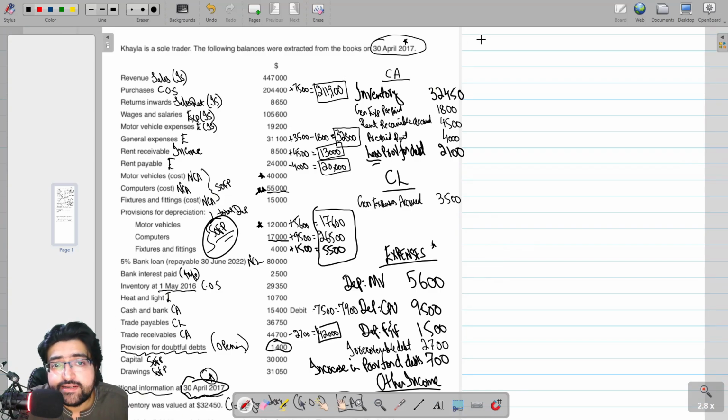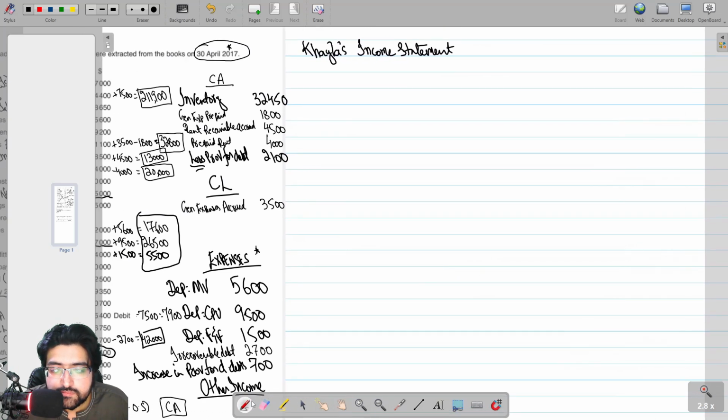But for now, I am writing it. The name of the person comes on top. Income statement for the year ended, and then just look at the date here.